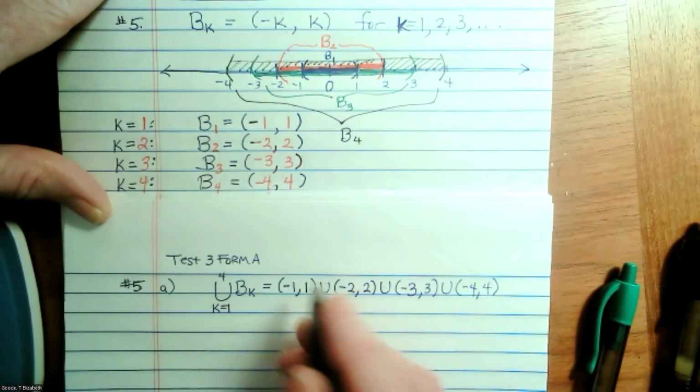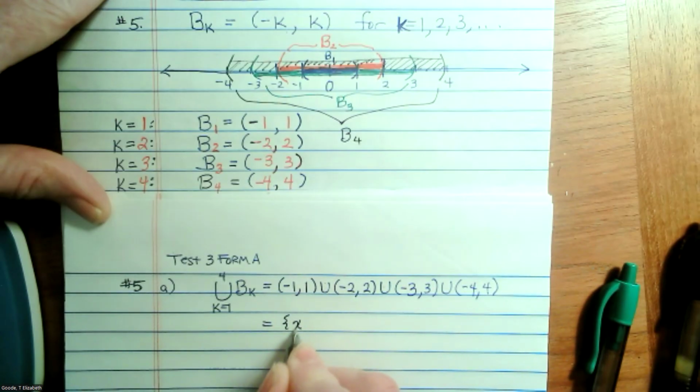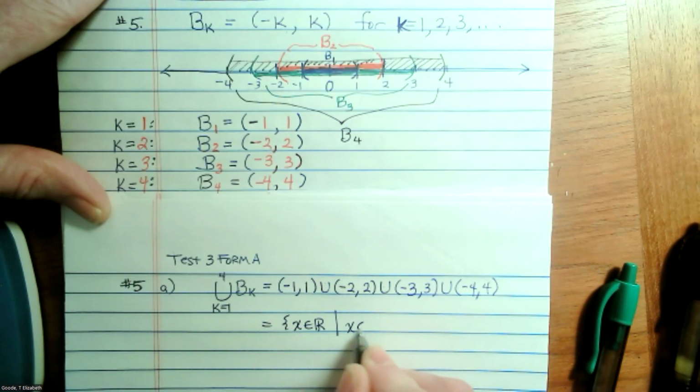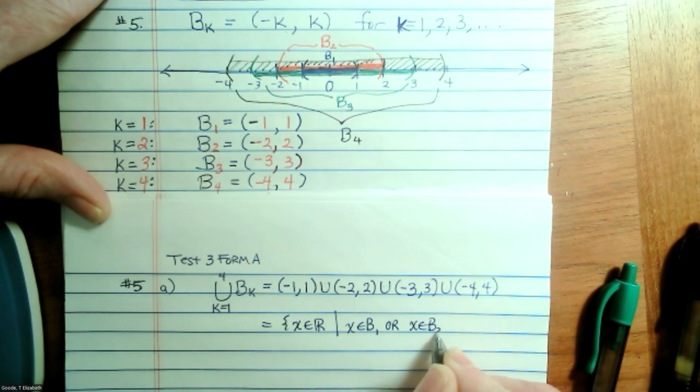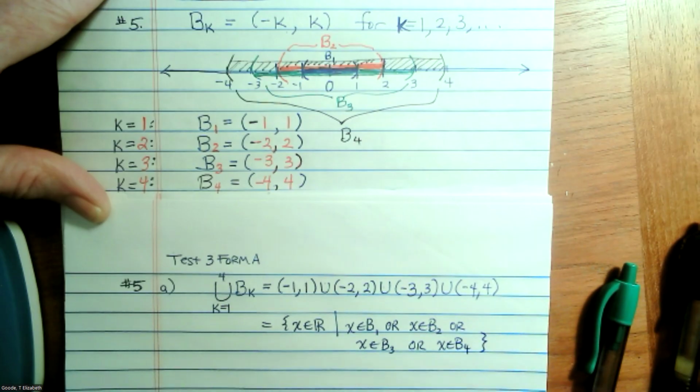In other words, it's going to be the set of X in the reals such that X is an element of B1 or X is an element of B2 or X is an element of B3 or X is an element of B4, or any number of those, because it's the inclusive OR, not the XOR. We never have used the XOR in this class.